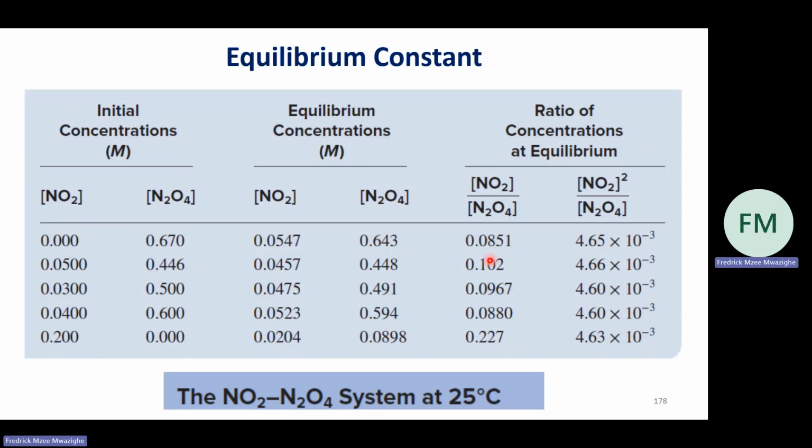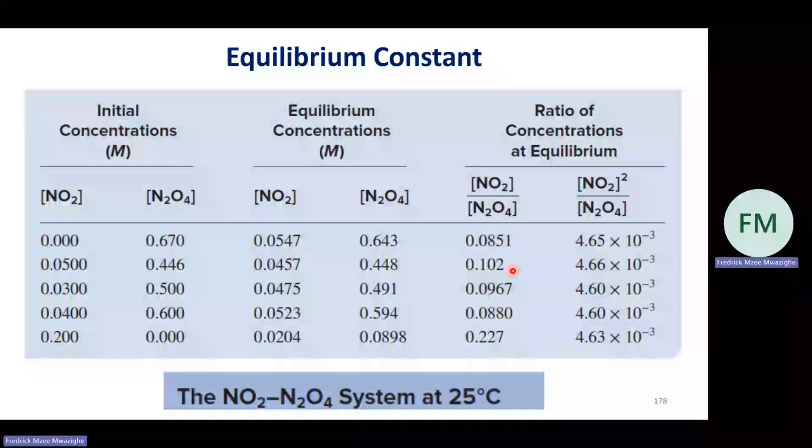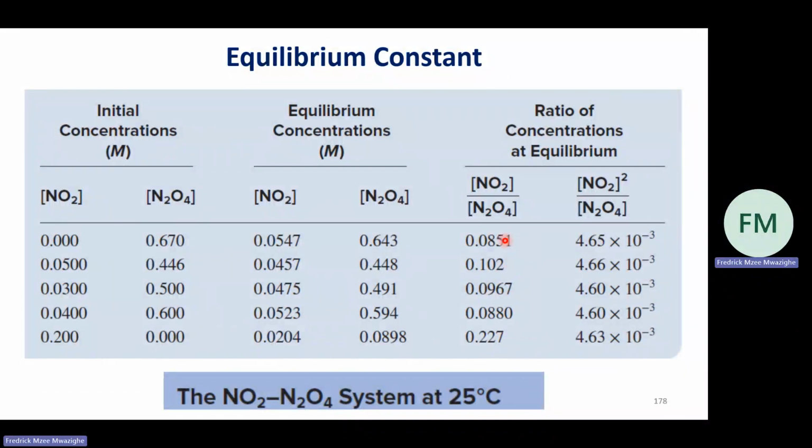Now, if you find the ratio of NO2 to that of N2O4, you can try this out in your own time as well to confirm these figures. Notice that you get different values of that ratio.